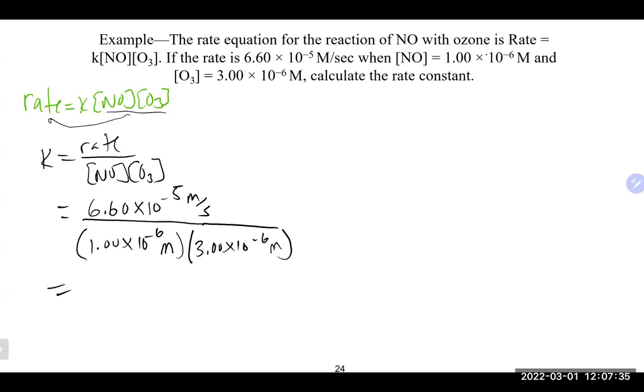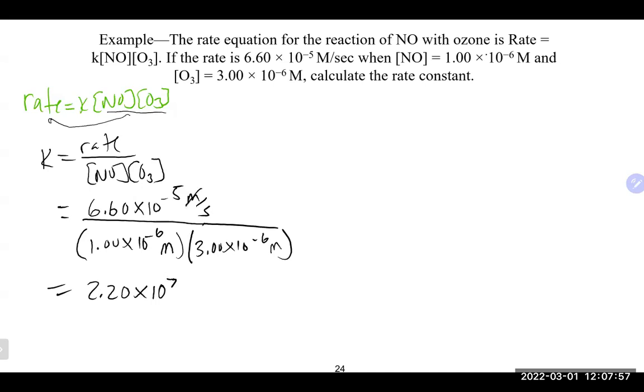In this case, it looks like perhaps 2.20 times 10 to the 7.